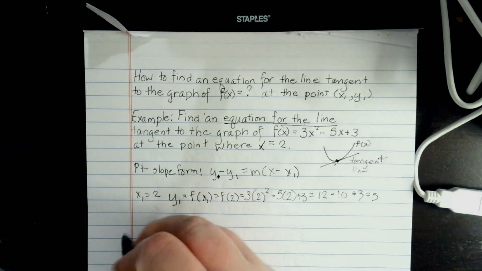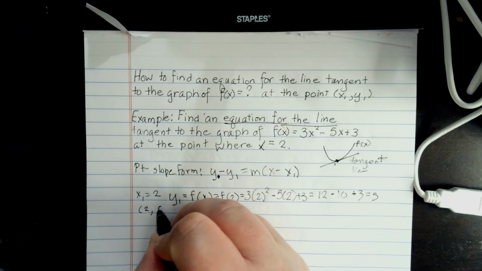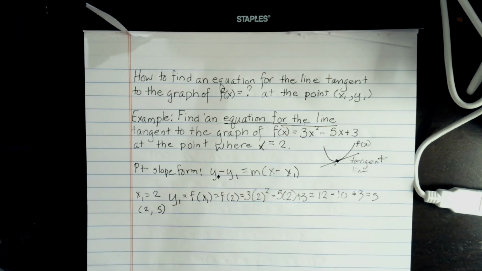Alright, so we've got the point then has x-coordinate 2 and y-coordinate 5. Well, what about the slope? Well, the way to find the slope for a curve is to use the derivative.